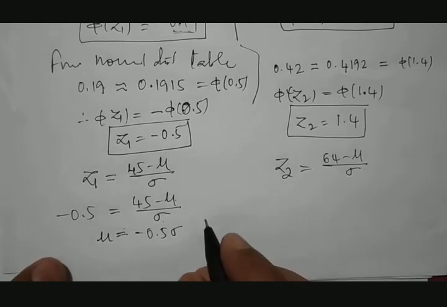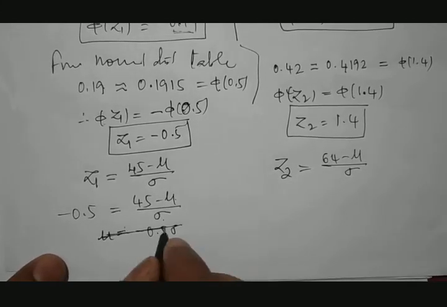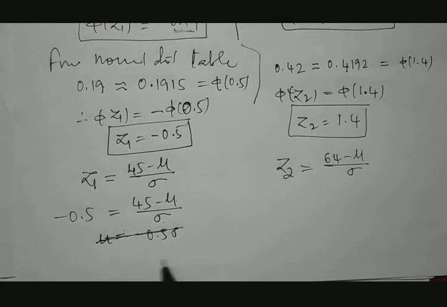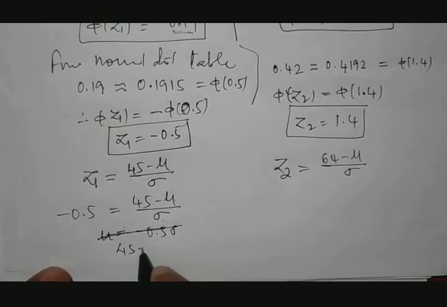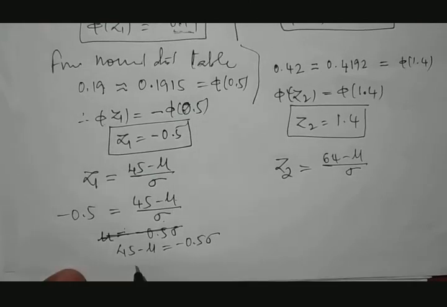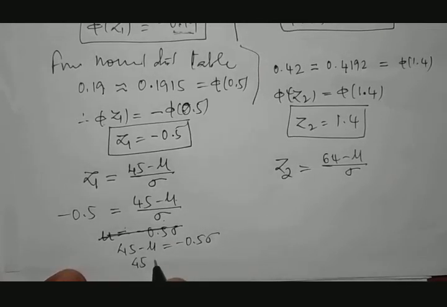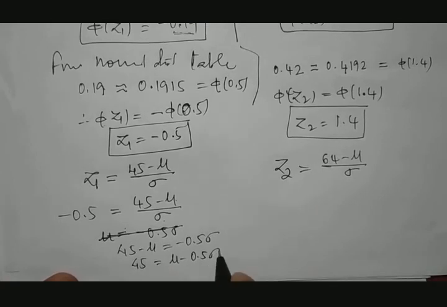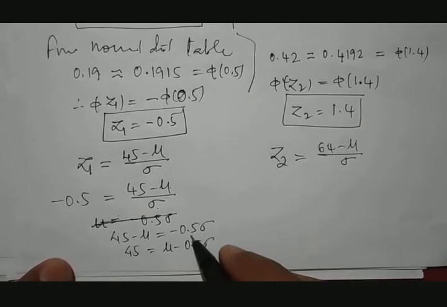So 45 minus mu is equal to minus 0.5 sigma. Therefore 45 is equal to mu minus 0.5 sigma. Fine.